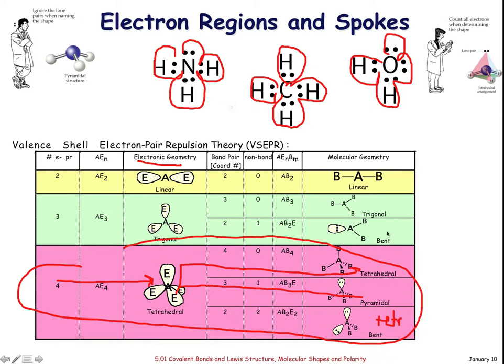This, however, is called a bent trigonal because it comes from an electronic geometry that's trigonal. This comes from an electronic geometry that's tetrahedral. So you have to state the difference. And remember, a pyramid is not trigonal planar. This is a pyramid. It uses this third dimension.